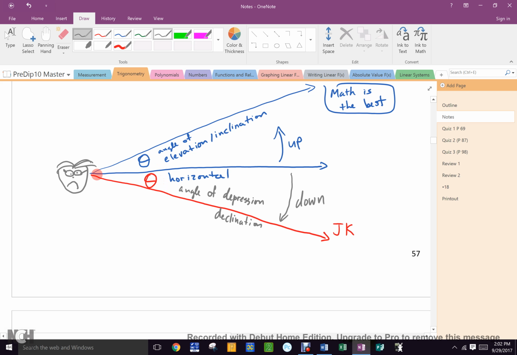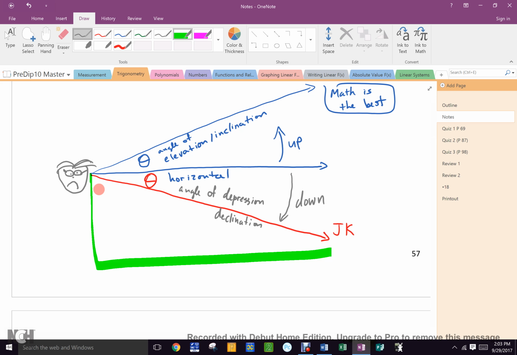The mistake you guys make is, there's the rest of the triangle, right? You all want to say that is your angle of depression, but it is not. Okay? Does everybody understand?